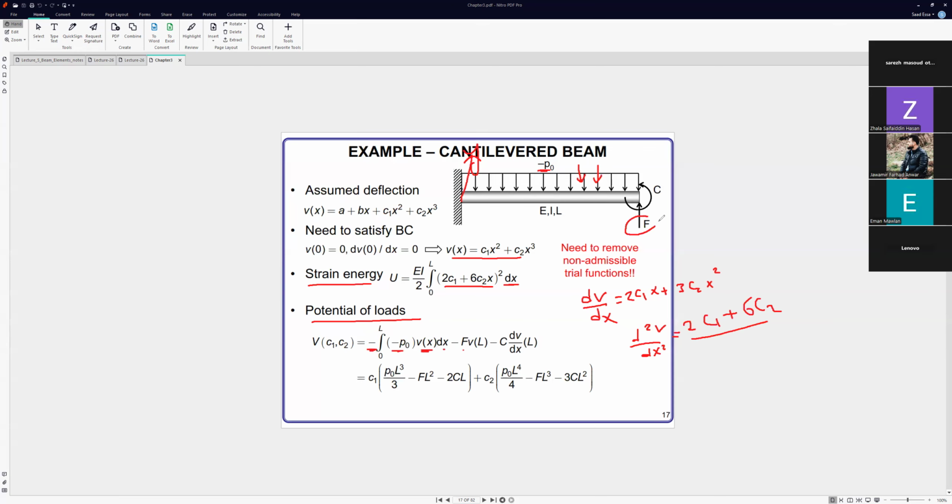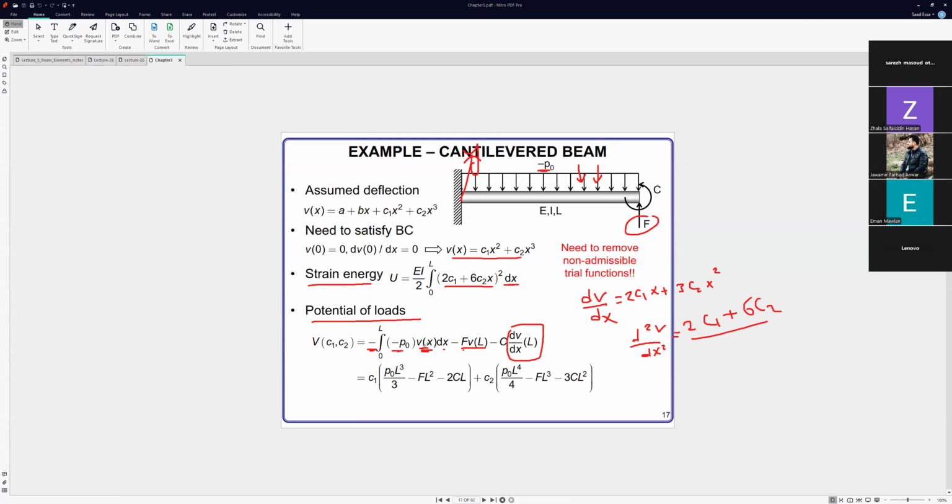Also, we have this force F times V, where the V at L. Okay, V at L. And also we have that moment at the end, dv over dx at L. This is very important and too easy, this one. So, and this is equal to minus minus plus.